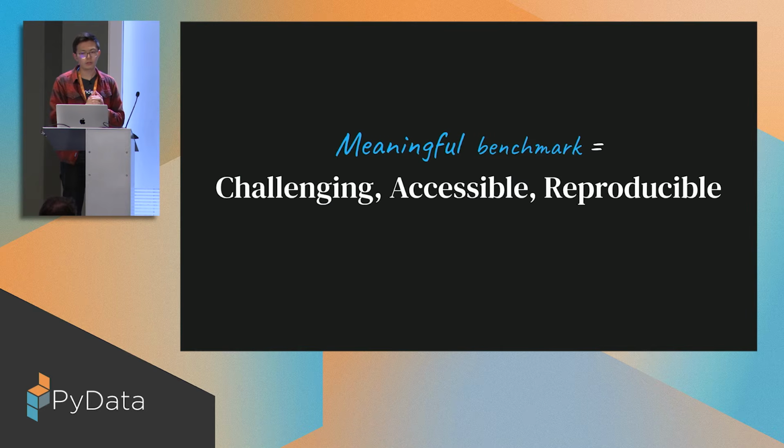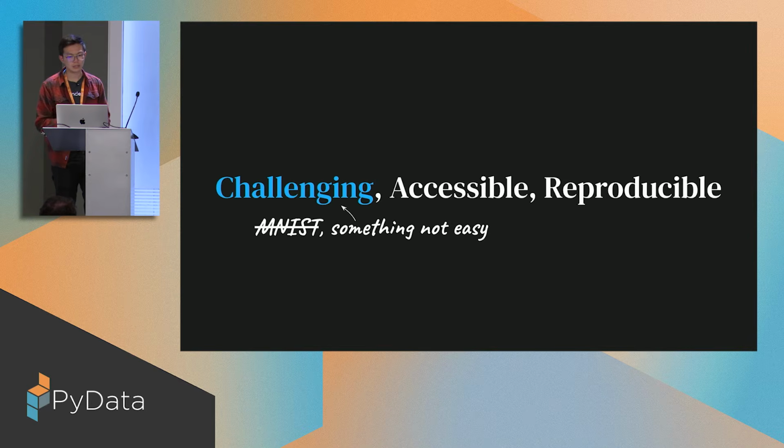And often what makes a meaningful benchmark is that it should be challenging, accessible, and reproducible. What that really means is that it's not easy, for instance, not any task whose state-of-the-art is close to getting almost perfect scores.